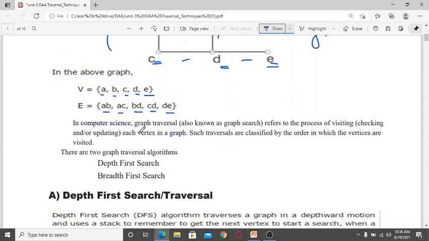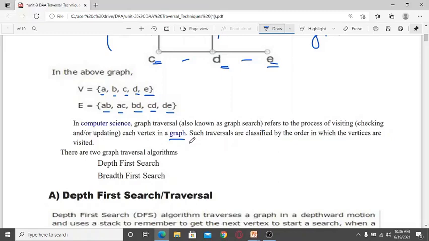In computer science or information technology, graph traversal, also known as graph search, refers to the process of visiting, checking and updating each vertex in a graph. Such traversals are classified by the order in which the vertices are visited.